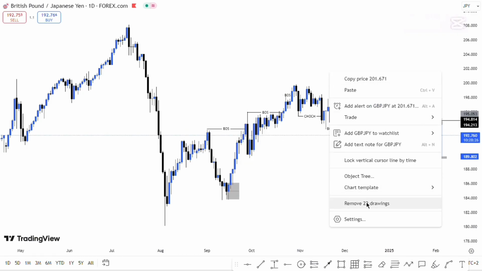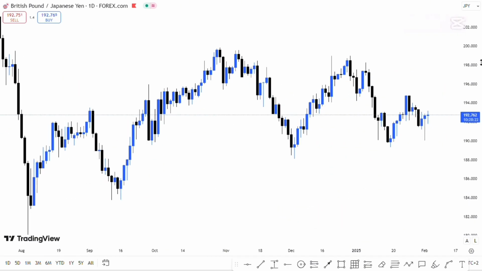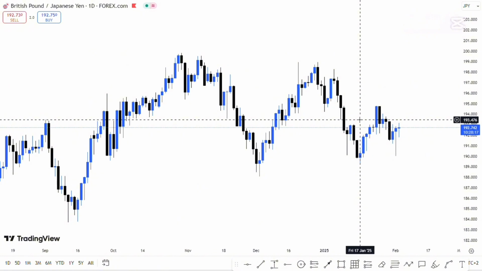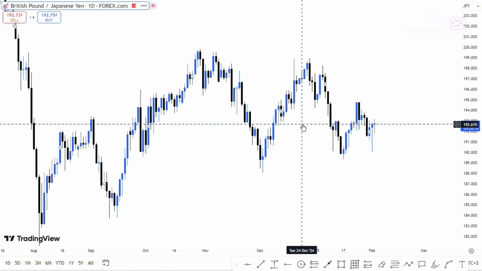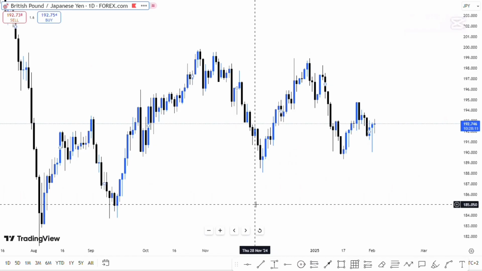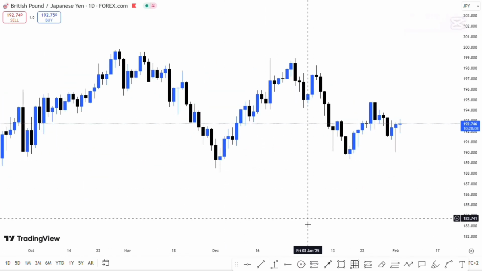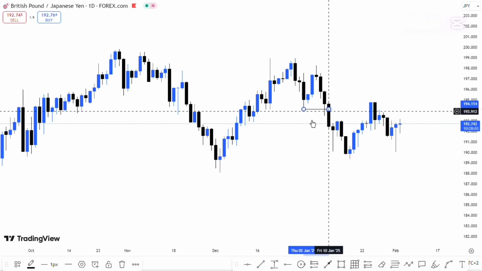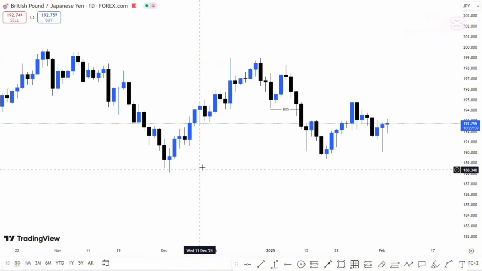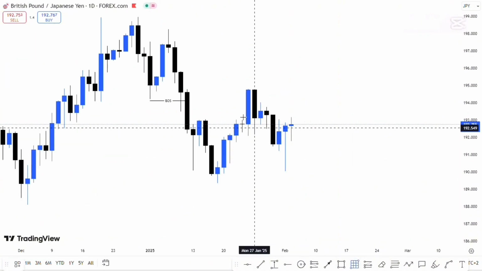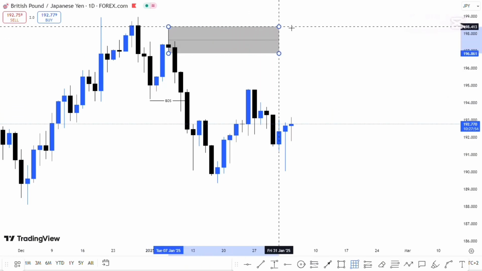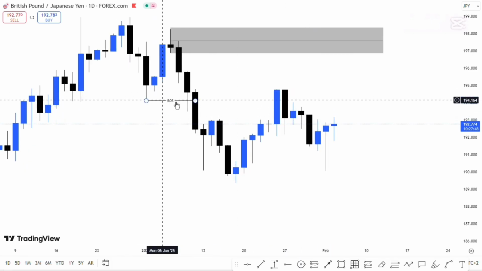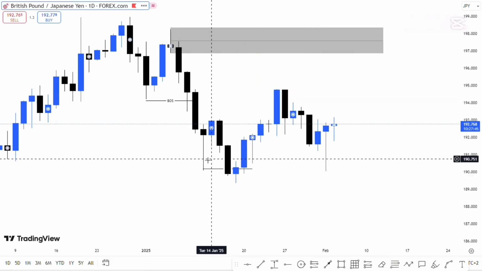Let's remove all drawings. Now looking from the daily time frame, we have this last block of structure right here, whose origin is right at this point, and another break of structure.